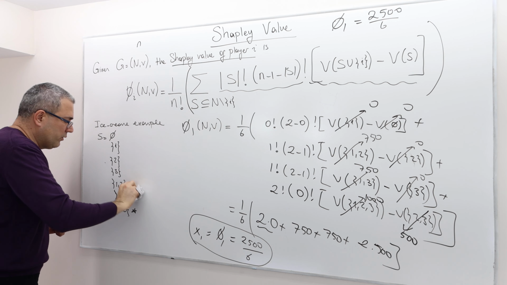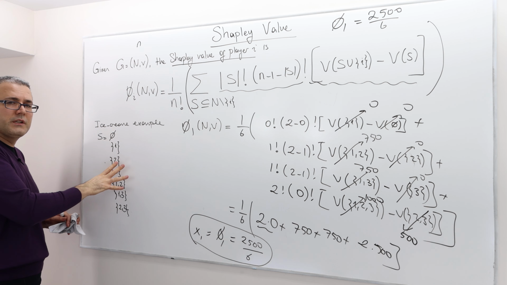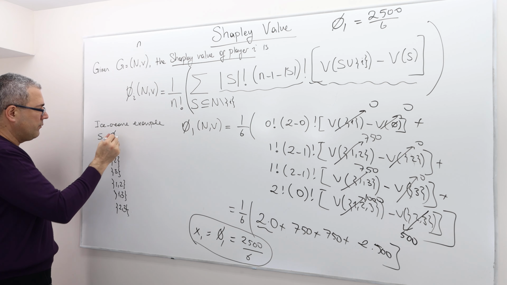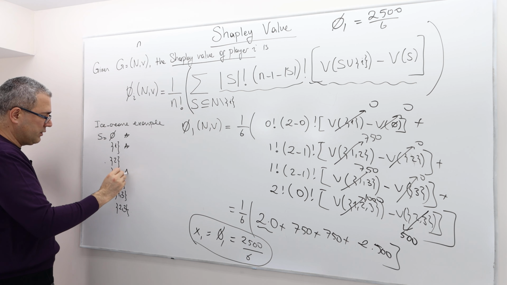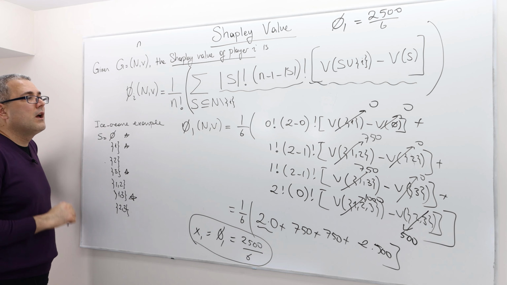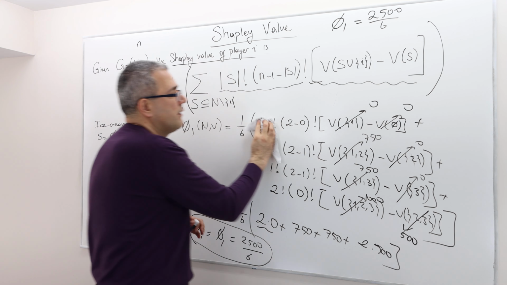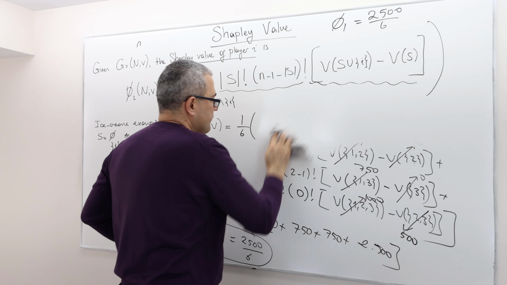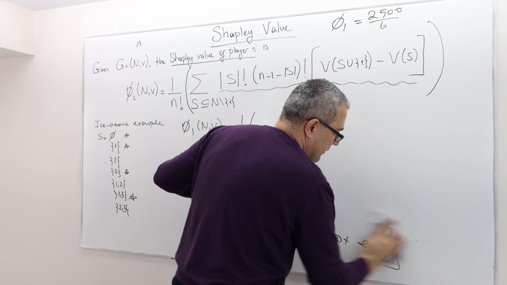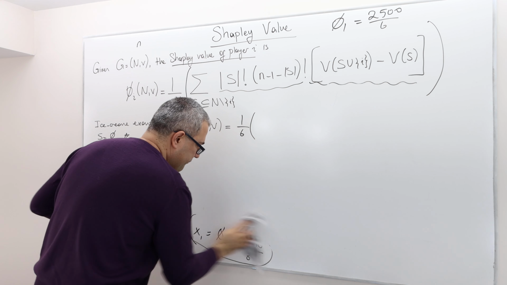But now I have to look at all the coalitions that exclude player 2. Well, it's this one, this one, this one, and this one. All right, so there are going to be 4. Well, let's do that. Once again, I have 1 over 6 multiplied.